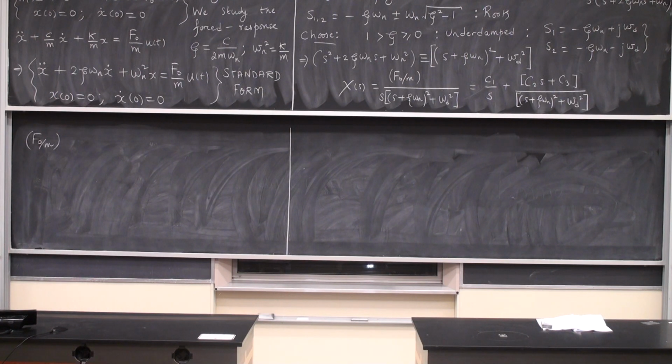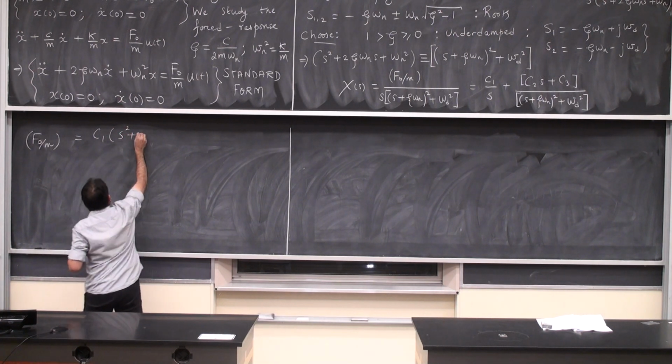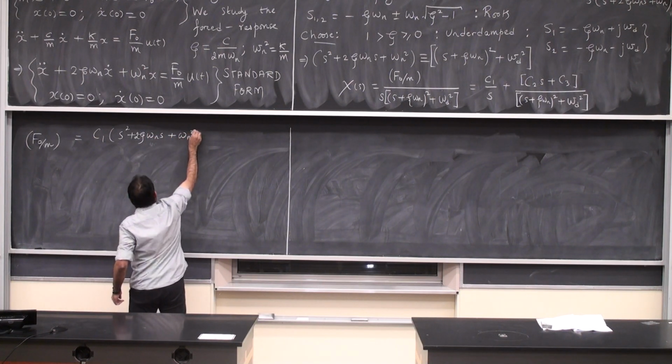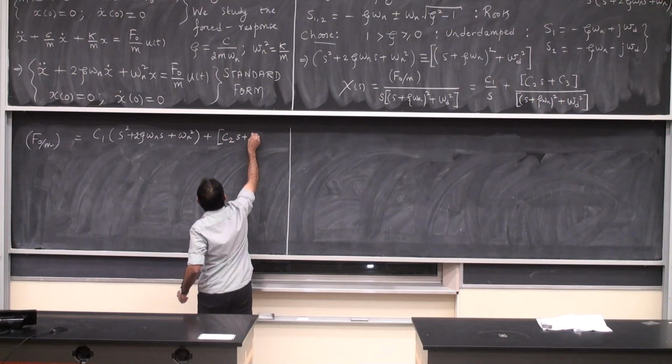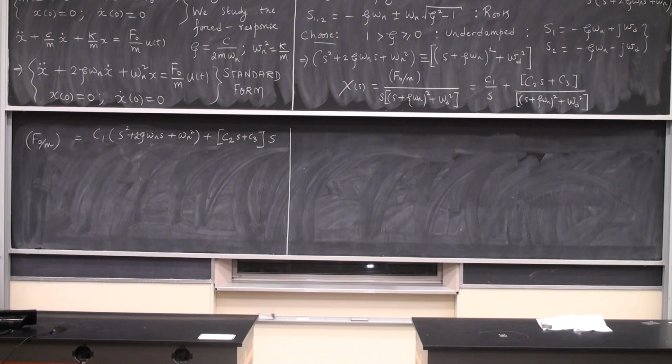All right. So f naught by m equals c1 multiplied by the quadratic polynomial, c1 times (s square plus 2 zeta omega n s plus omega n square), plus (c2 s plus c3) multiplied by s.